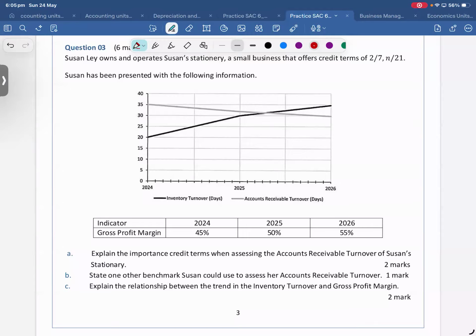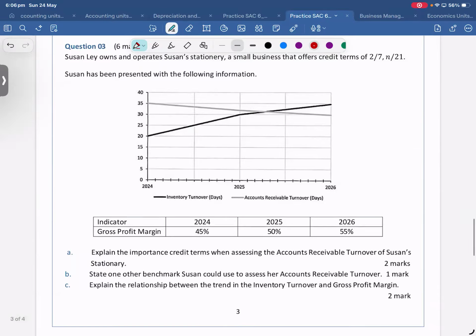We have done them in tutorial 13 or 14, I can't remember, whichever we have done. So read them, guys. Gross profit margin, what I explained, is a VC question.